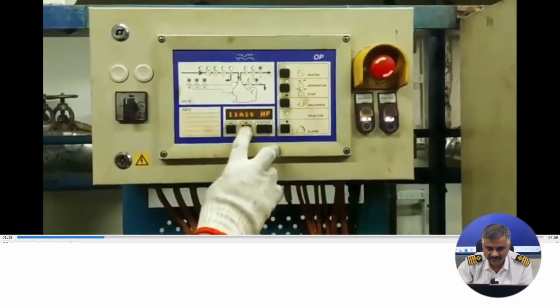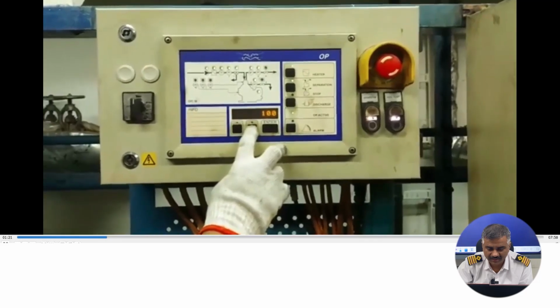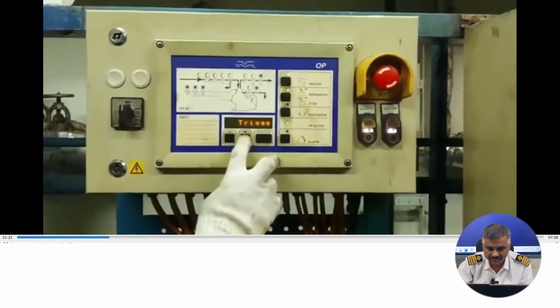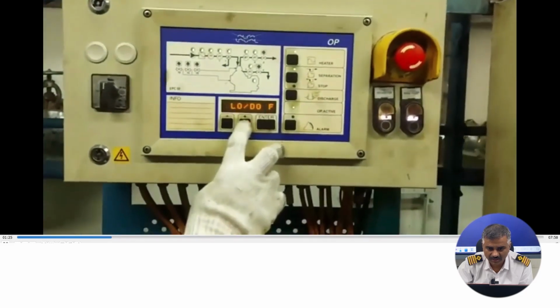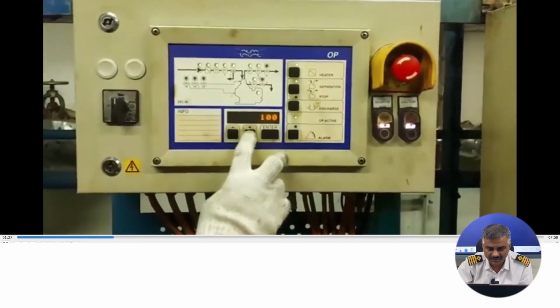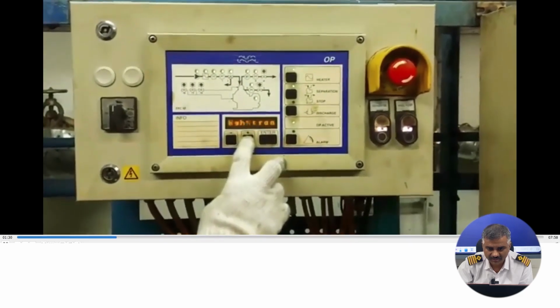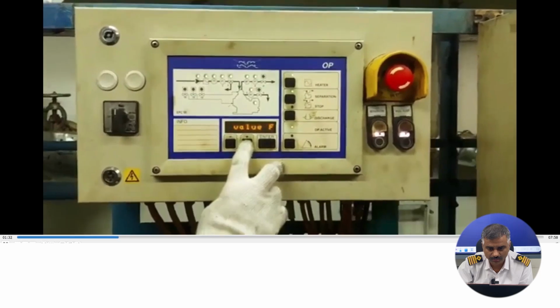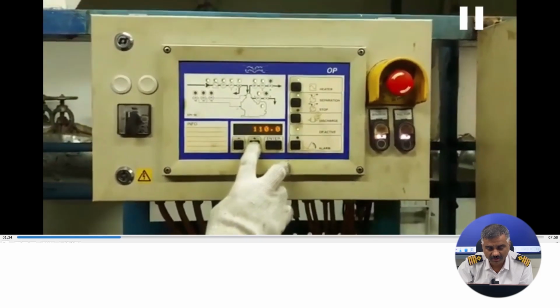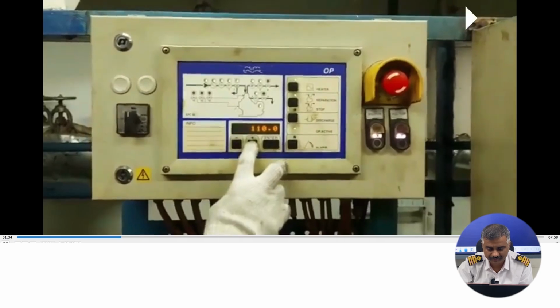Trigger limit HFO is 100%. Trigger limit lube oil factor FA22 is also 100%. High transducer value FA23 is here 110, and in our manual it is 120 picofarad.